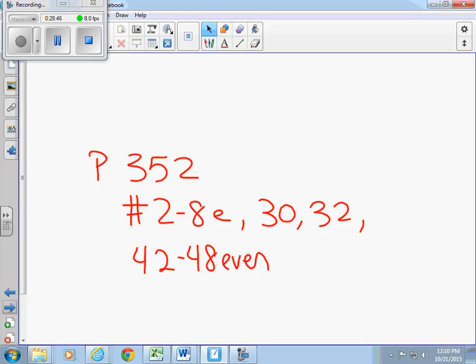Problems 2 through 8, and also 42 through 48. That's not very many problems. It's 10 problems up there. It looks like a lot more than it is.